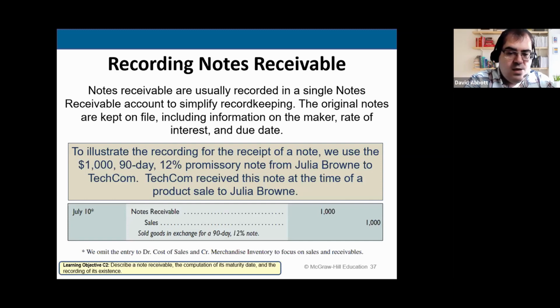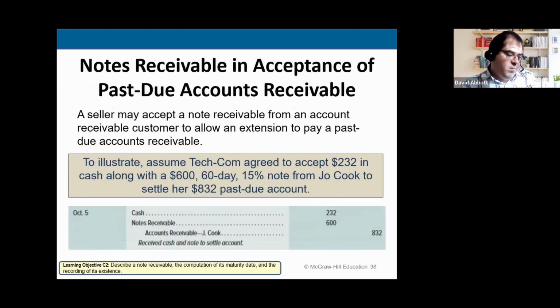The transaction is recorded as shown, and so we have a debit to notes receivable for 1,000, credit to sales for 1,000. Of course, you would also have to record the cost of goods sold with a debit and the credit to merchandise inventory, but for right now, we're not concerned about that. We're just concerned with how we handle the note.